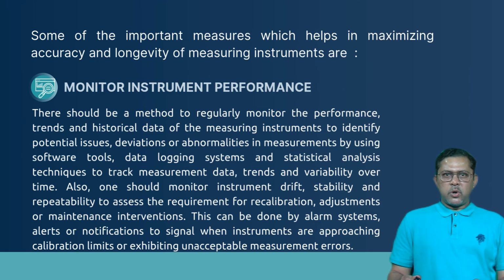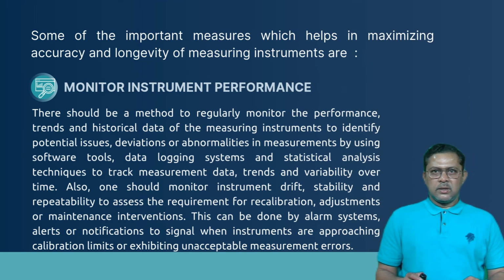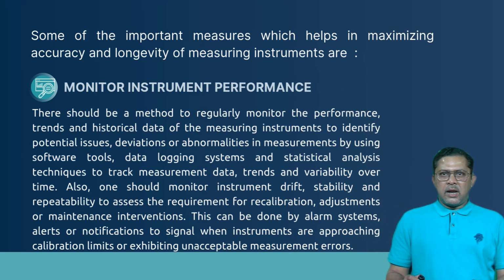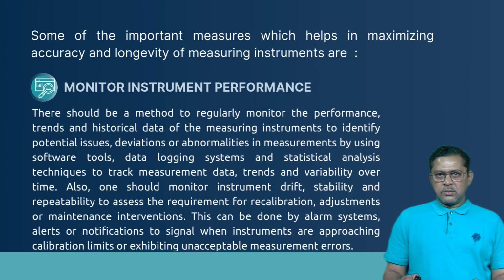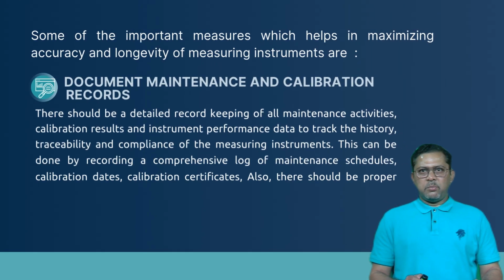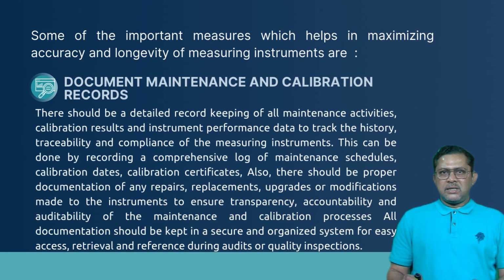Also, one should monitor instrument drift, stability, and repeatability to assess the requirement for recalibration, adjustments, or maintenance interventions. This can be done by alarm systems, alerts, or notifications to signal when instruments are approaching calibration limits or exhibiting unacceptable measurement errors. And lastly, number 6, document maintenance and calibration records.